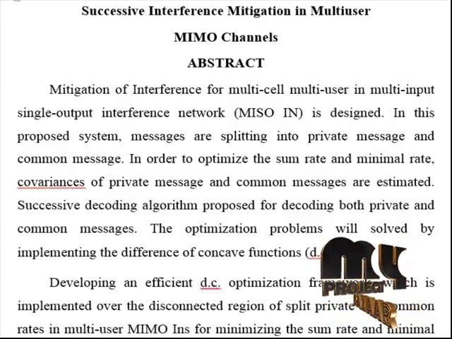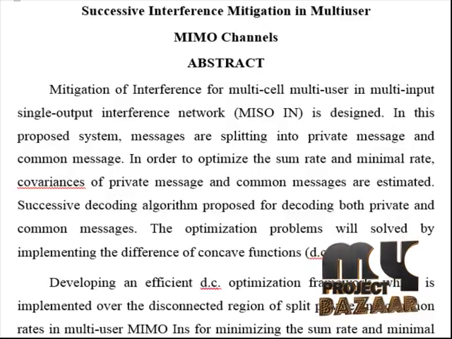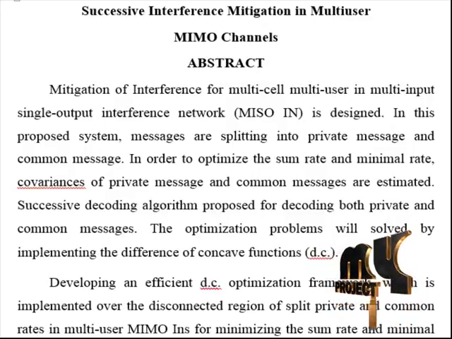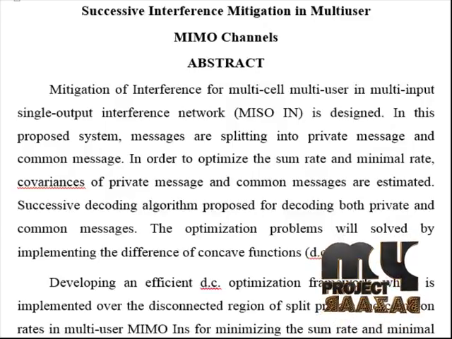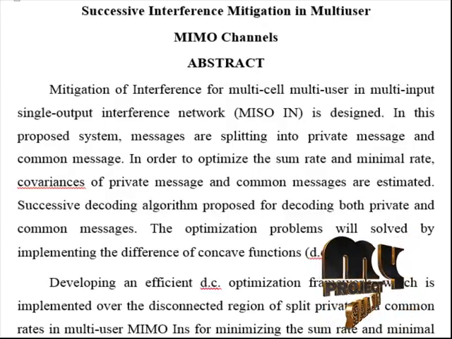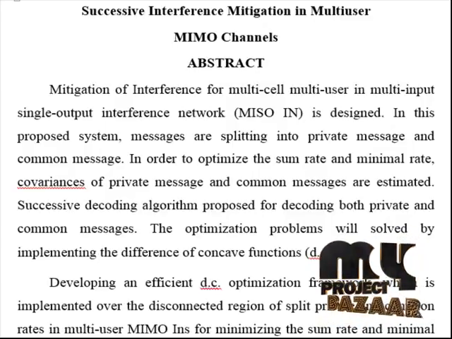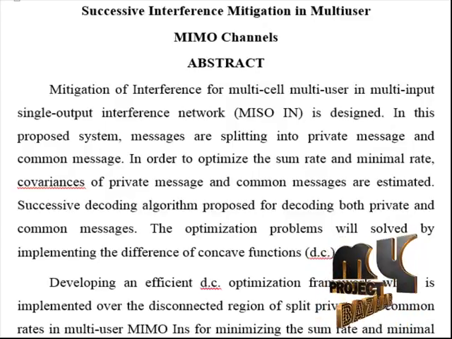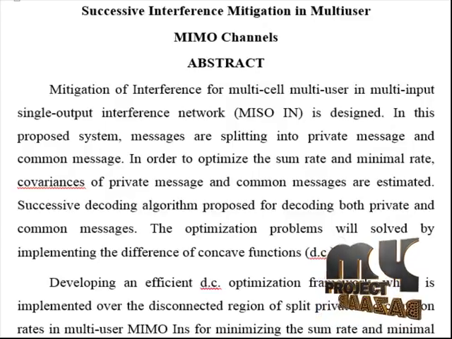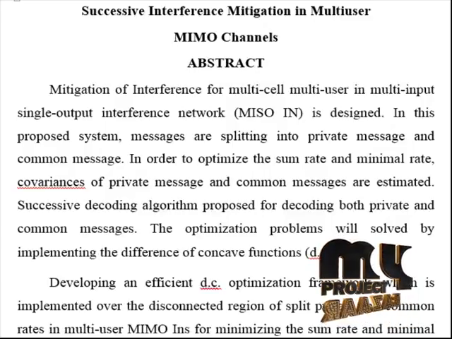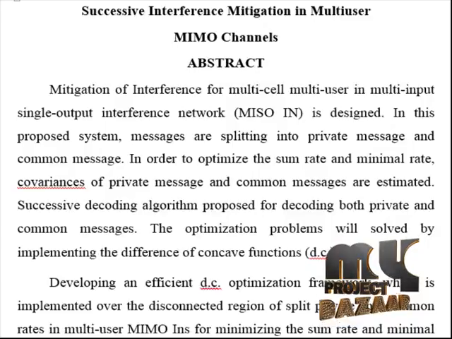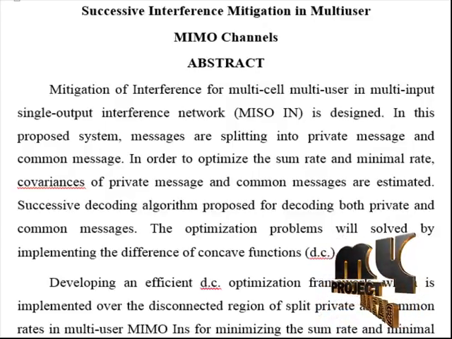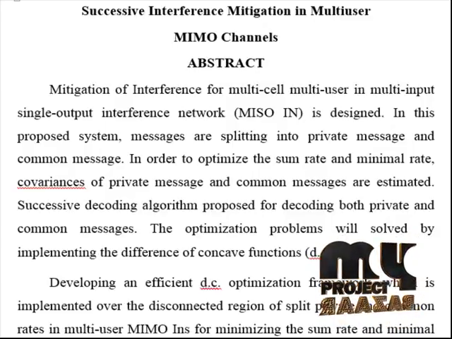The optimization problems will be solved by implementing the difference of concave functions. An efficient DC optimization framework is developed, implemented over the disconnected region of split private and common rates in multi-user MIMO INs for maximizing the sum rate and minimal user rate. The Han-Kobayashi rate splitting scheme is viewed as the best strategy to cancel interference and improve performance.